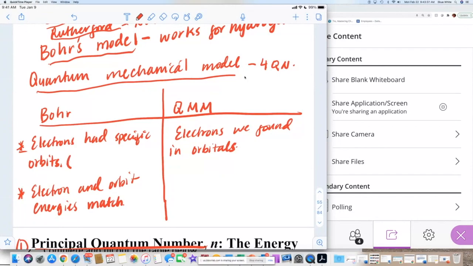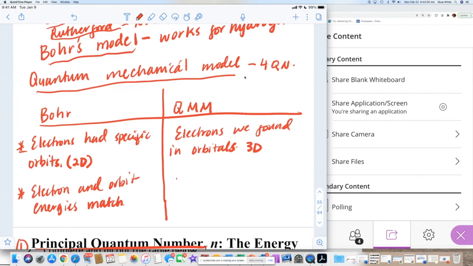The orbit is 2D because it's a path, but the orbital is 3D. It's like a bubble, a space, a balloon, or a house. Okay, a region where you find the electron. So now it's not a road anymore, but it's a whole space. The electron can be up, down, left, right within that region that scientists saw it. Now, the electron is still moving around the nucleus. They both agree on that.